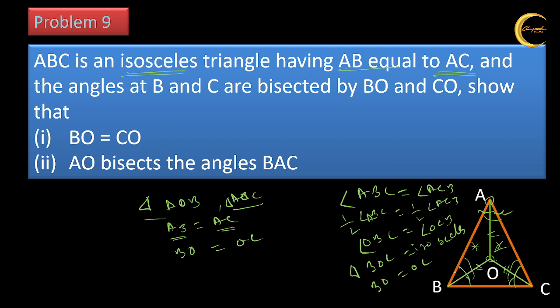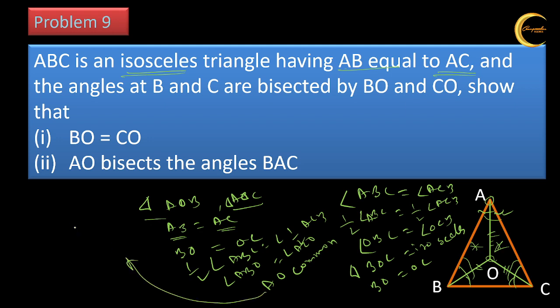Also, we can prove it this way. Half of angle ABC equals half of angle ACB, which means angle ABO equals angle ACO. And the AO line is common to both.